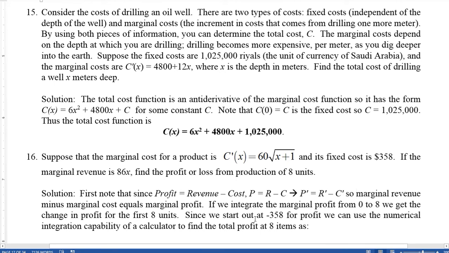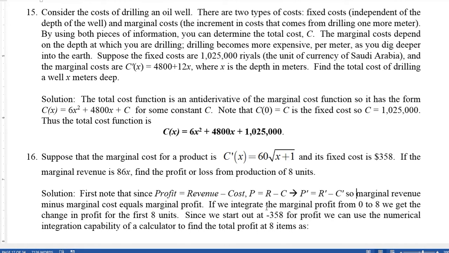Okay. If we start out at negative $358 for profit, that's going to be our fixed cost. So cost at 0 is the same as the opposite of that, which is the profit at 0. One thing you know about every revenue function is they always start at the origin, because if you don't make any items, you're not selling any items, and you have no income.